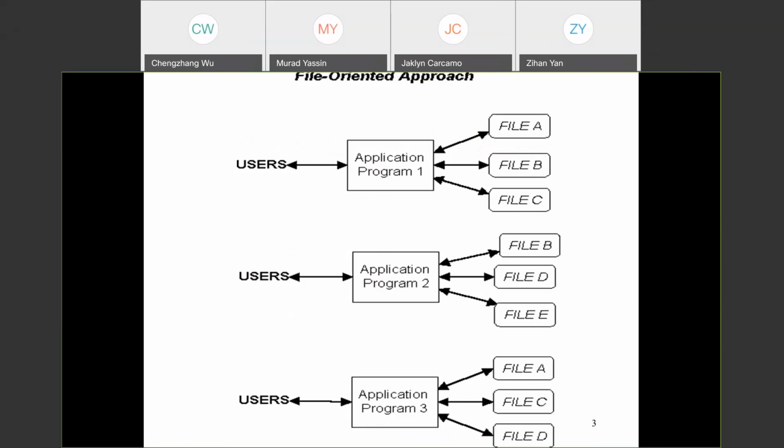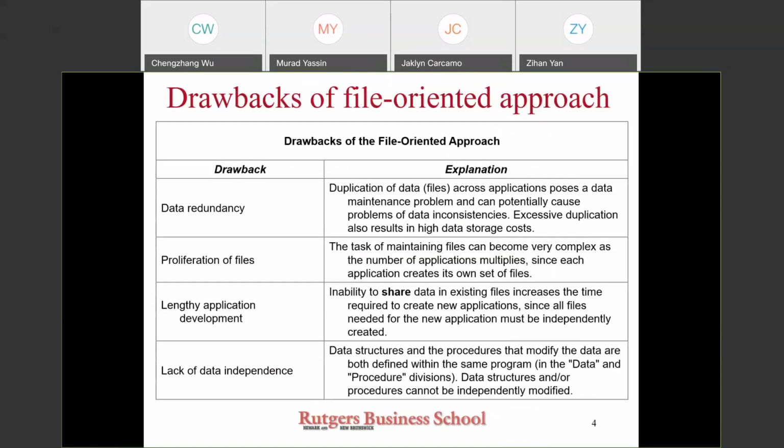In a traditional information system, we have separated files and different duplicates. For each application, we have different files. But this causes data redundancy.